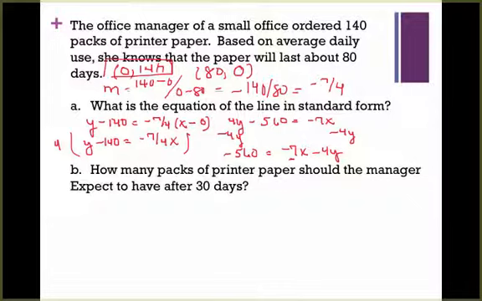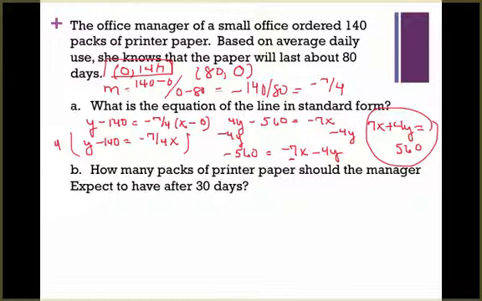So we're going to divide everything by negative 1. And if I do that, I'm going to get 7x plus 4y, because we divide the negative 4 also by negative 1. So it'll be 7x plus 4y equals 560. So there's our equation in standard form.